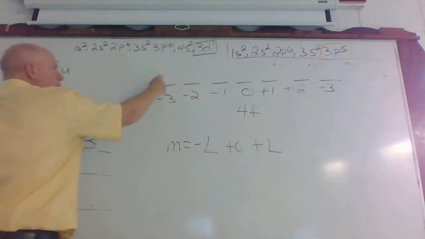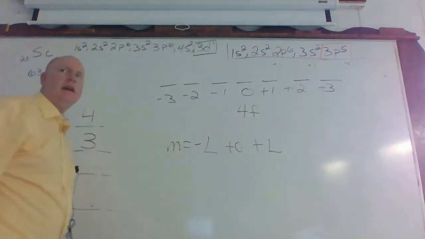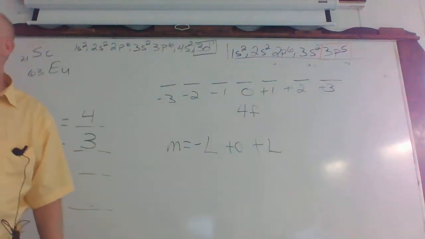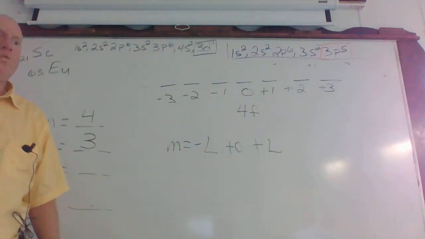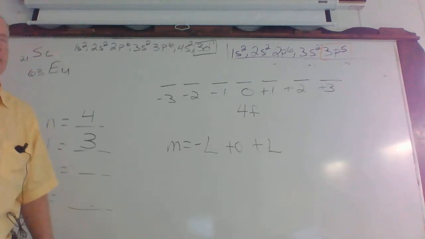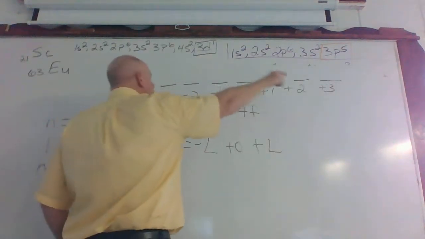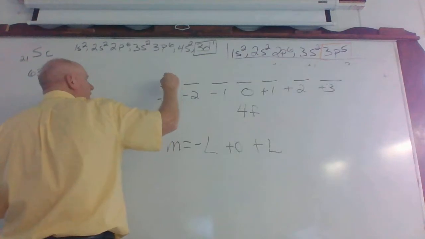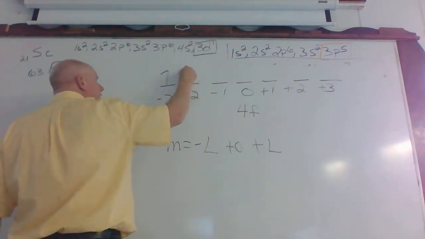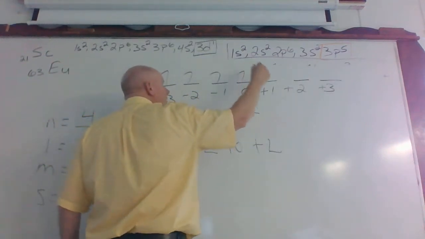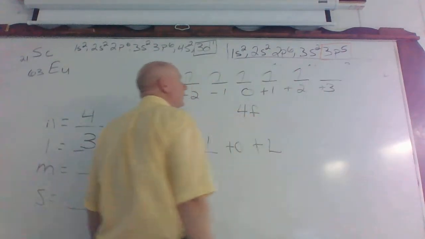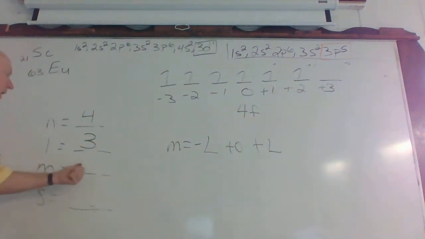So don't go 2, 4, 6. That's incorrect. These can be empty, but you have to follow what rule? The bus seat rule. These are all empty seats. So we need 6. 1, 2, 3, 4, 5, 6. The value for m then is what? It's positive 2.